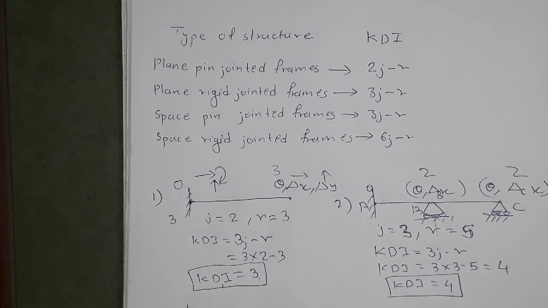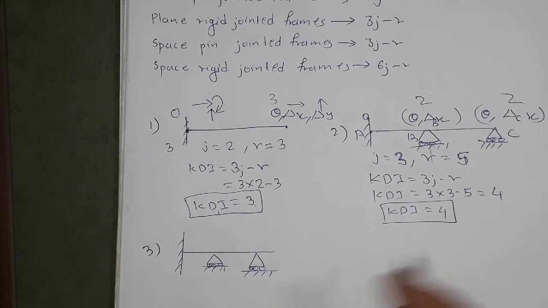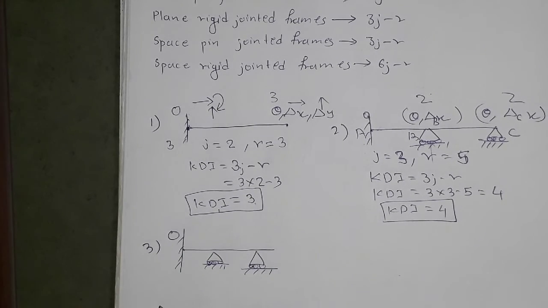So this is the third example. This will be the last example for the beams. Then we will go for frames. At this support, there will be 0 displacement components.